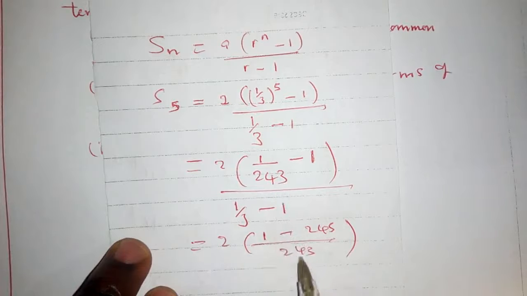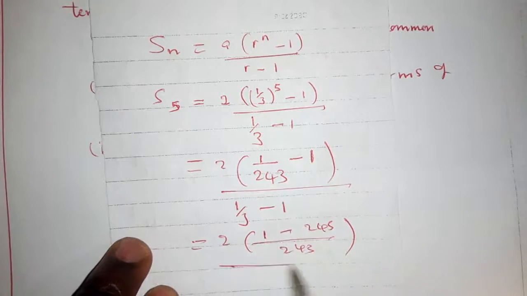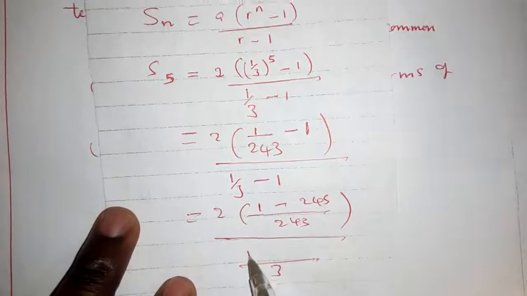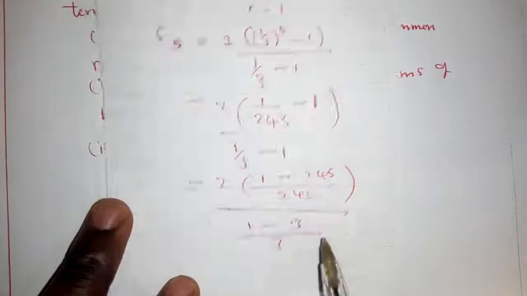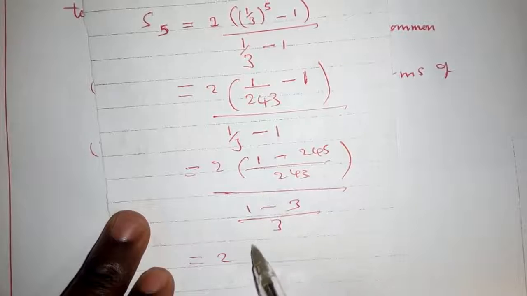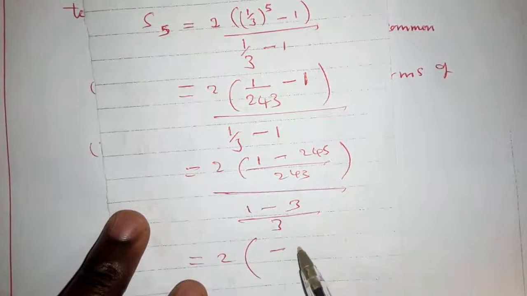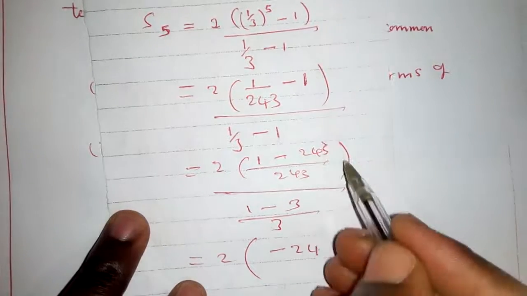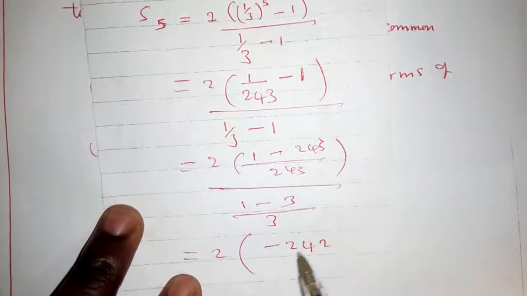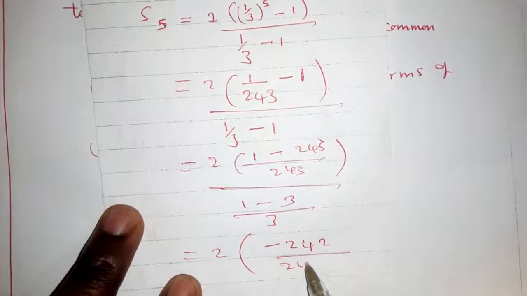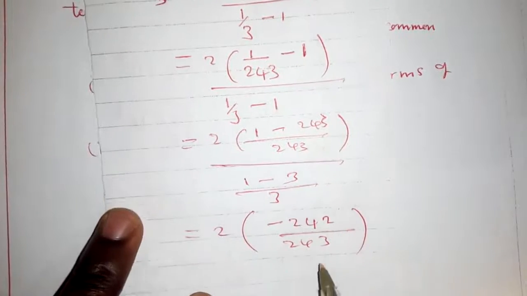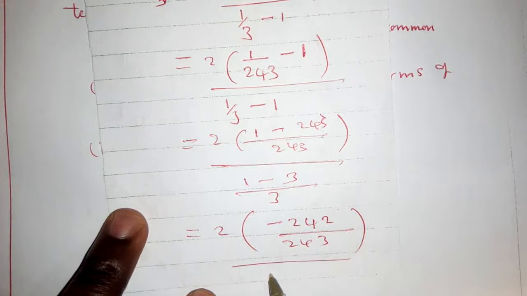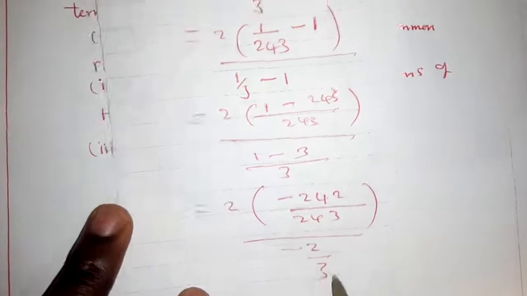We find the common denominator, then it will look like this, and down here the common denominator will be 3, so it will look like this as well. From here we solve, we have negative 242 over 243. Over here this will be negative 2 over 3.